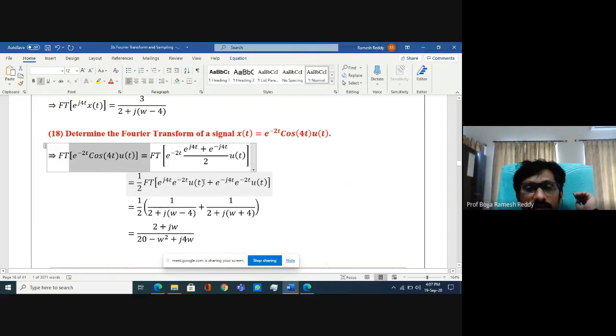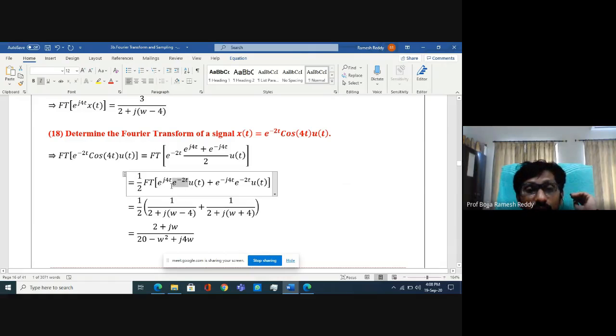Now the answer for this question. It is the previous question. For e power minus 2t u of t, the answer is 1 by 2 plus j omega, where we replace omega with omega minus 4, because the original signal is multiplied with a complex exponential term.